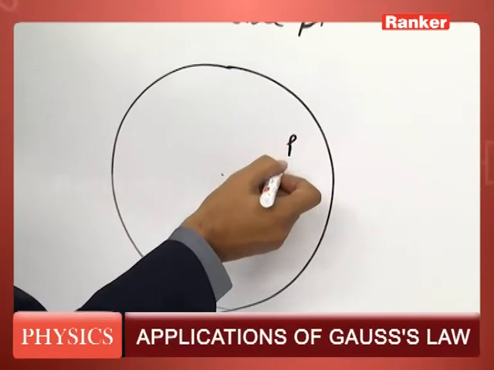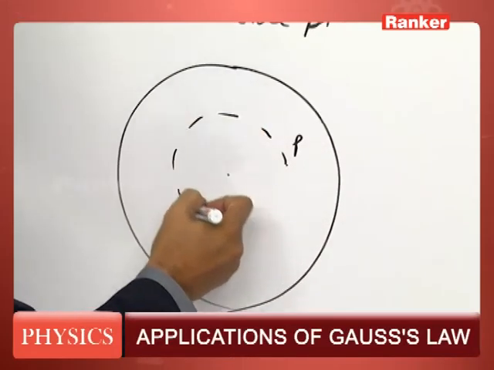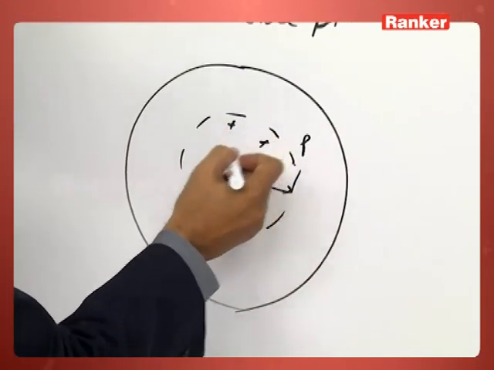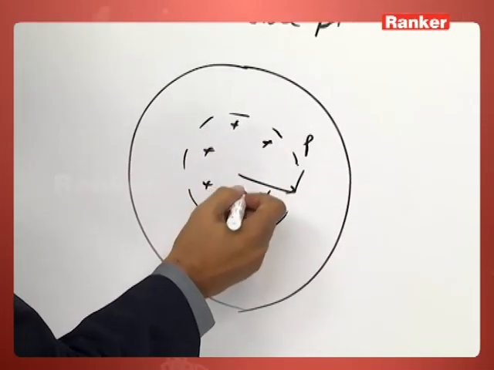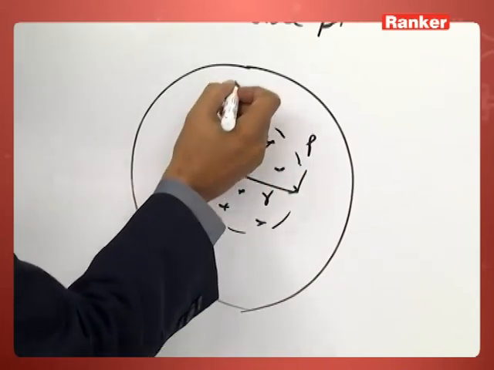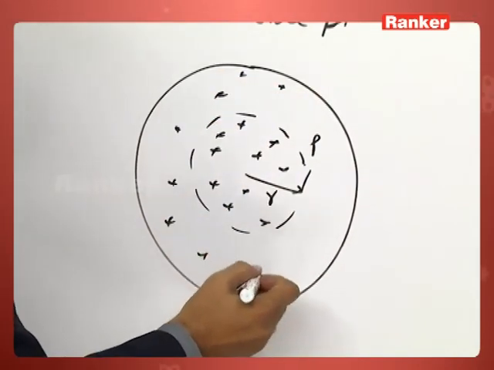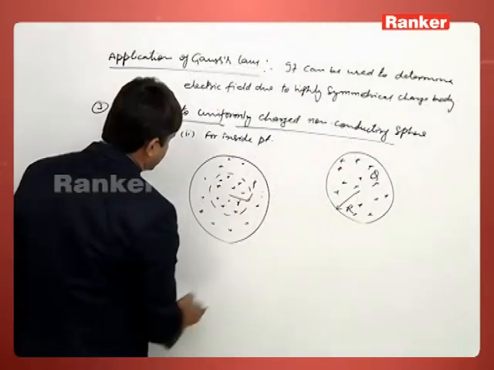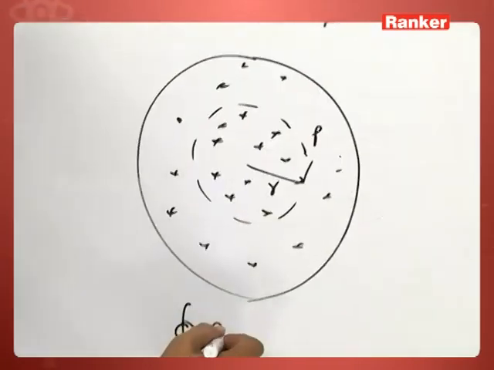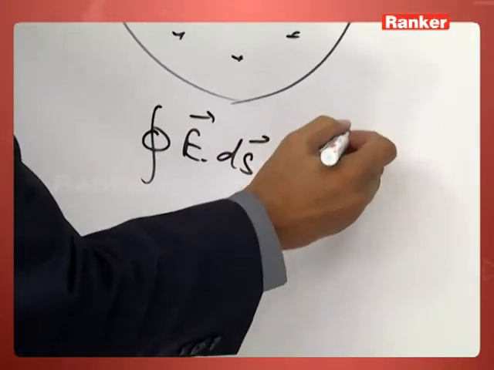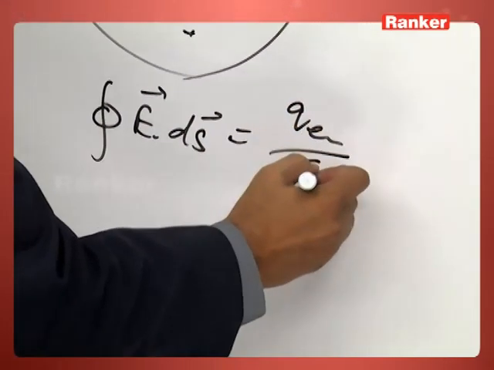Suppose point P is here. We are making a Gaussian surface like this of radius r. So, this much is the only enclosed charge, although charge is everywhere, but we have to see only the enclosed charge here. Again the same method, E dot ds is q enclosed by epsilon naught.